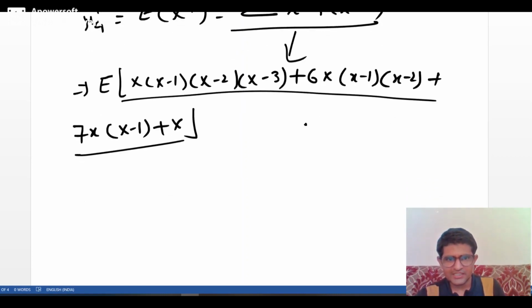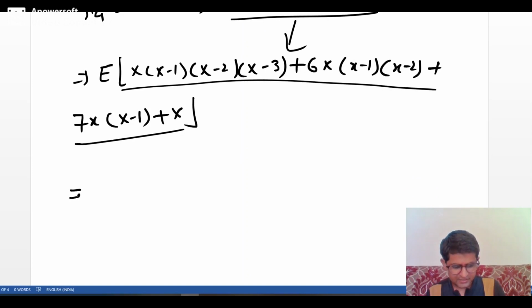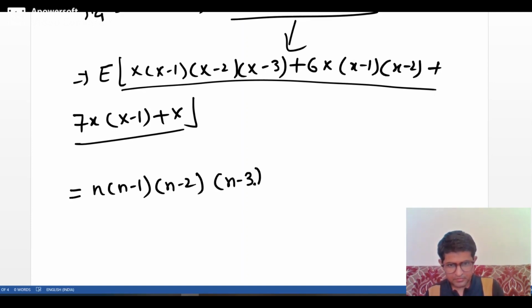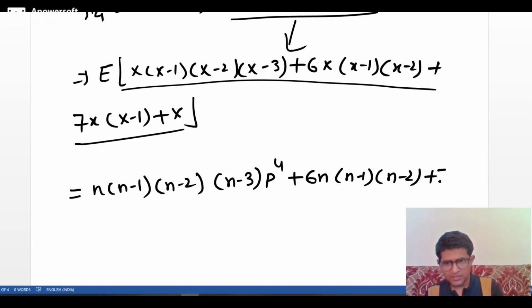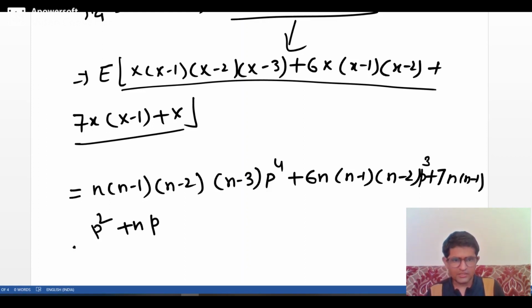After calculating, in the form of binomial trials, we get n(n minus 1)(n minus 2)(n minus 3)p4 plus 6n(n minus 1)(n minus 2)p cube plus 7n(n minus 1)p square plus np. This is the expression of mu4 dash.